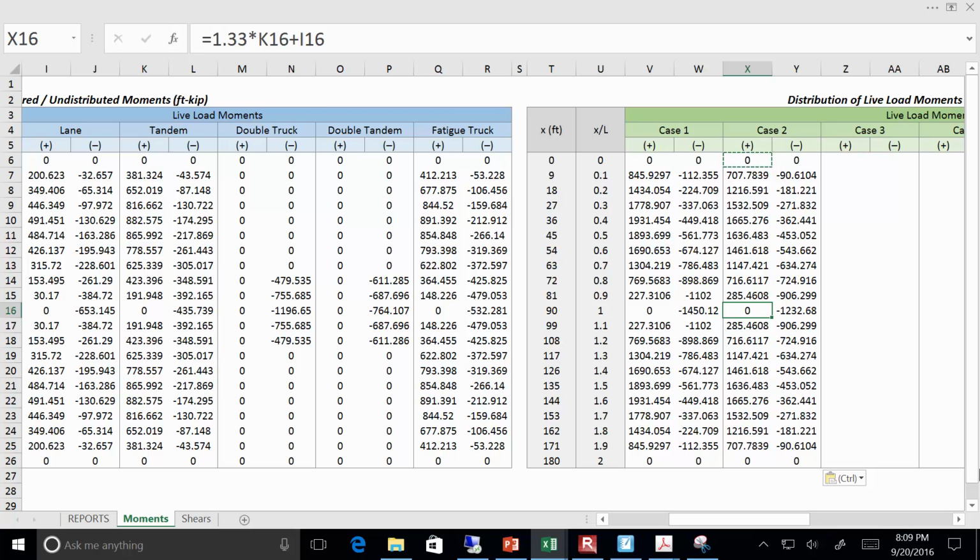Y'all see that? So I'm going to say equals 90% times, at least I think you can, times double truck plus the lane. Yep, there you go. Or if you want, you can say 0.9.